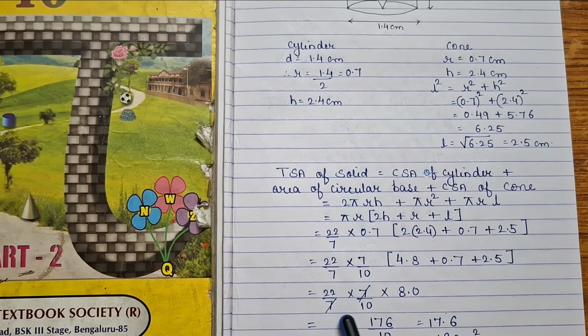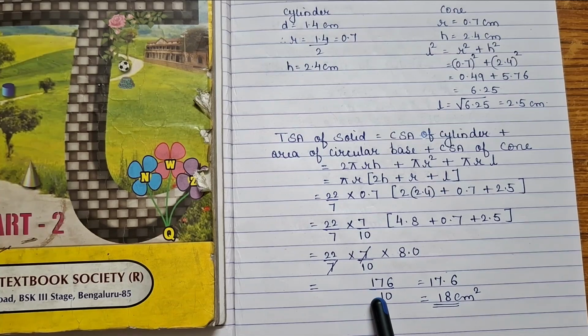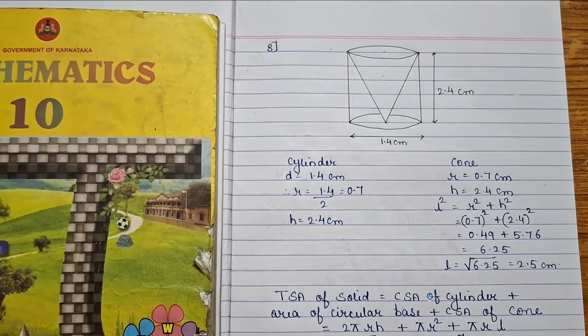So now after simplifying, what we get here is 176 upon 10. 176 upon 10 is 17.6, and the question is nearest number. So this 17.6 we are just rounding it off to 18 centimeters square. If it is not asked, you can keep this answer as it is, that is 17.6 centimeters square, which is the surface area of this solid.